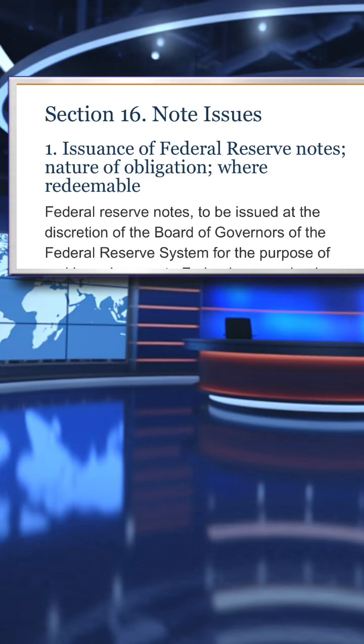The order used by the Board of Governors in making such payments shall be signed by the chairman or vice chairman or such other officers or members of the board as the board may by regulation prescribe. The form of such order shall be approved by the Secretary of Treasury.